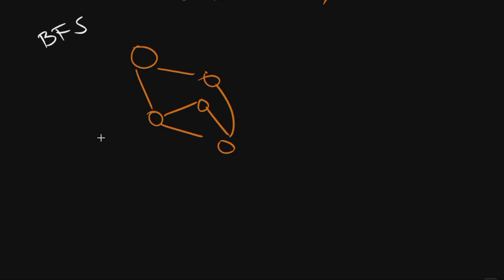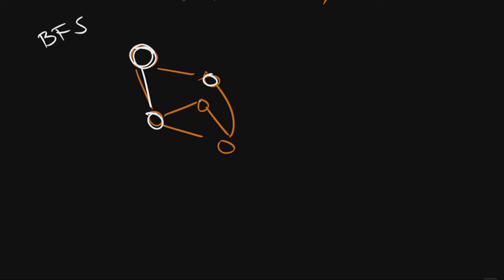First I will start with this node, then I will traverse this, then this. These are children of this node. Then we will traverse the children of this node.